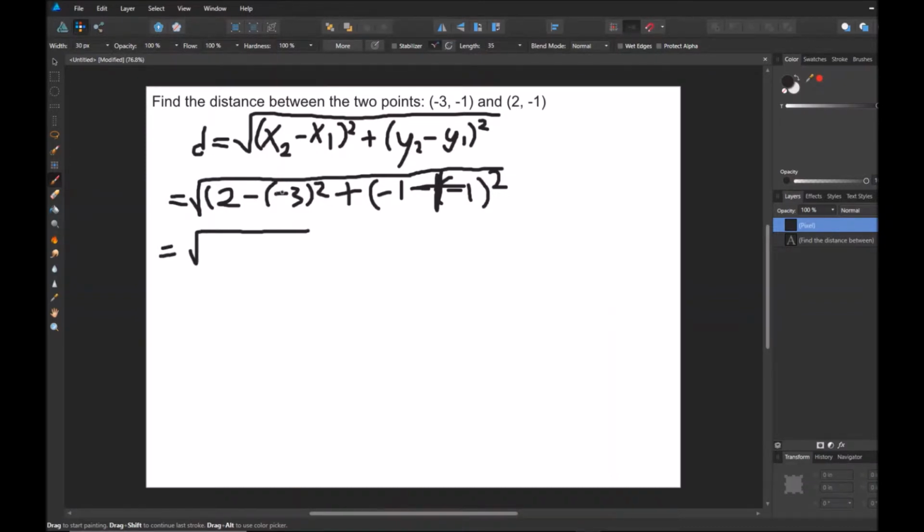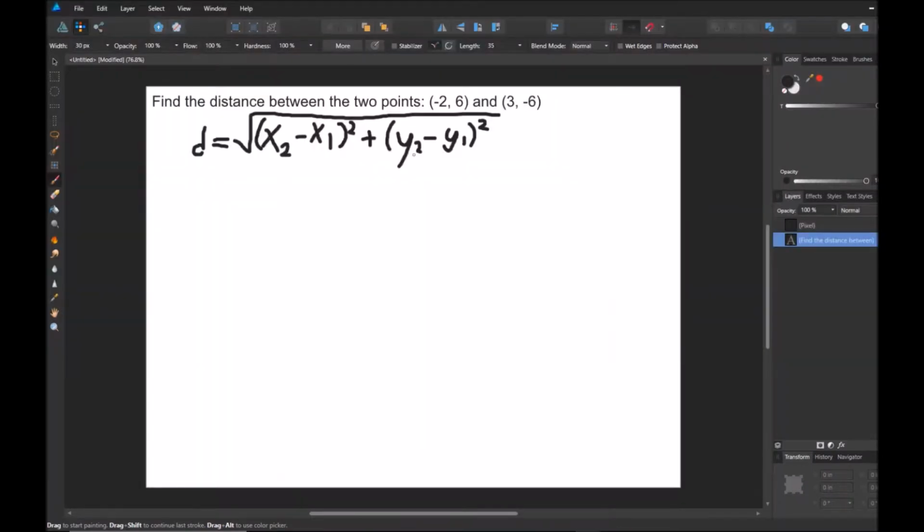And this 2 minus a -3 becomes 2 plus 3, so 2 plus 3 is 5, and 5 in parentheses squared will equal the square root of 25, and the square root of 25 is just 5. So the distance between those 2 points is 5 units.